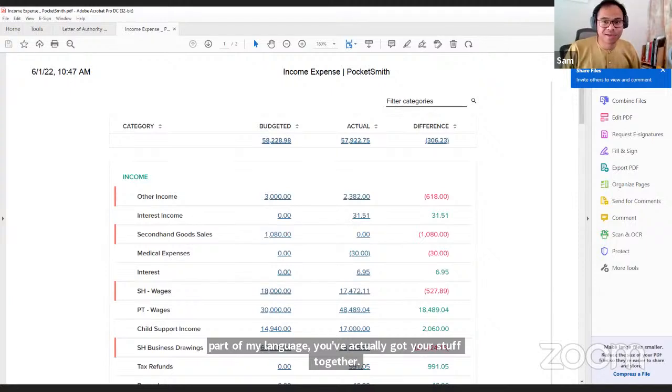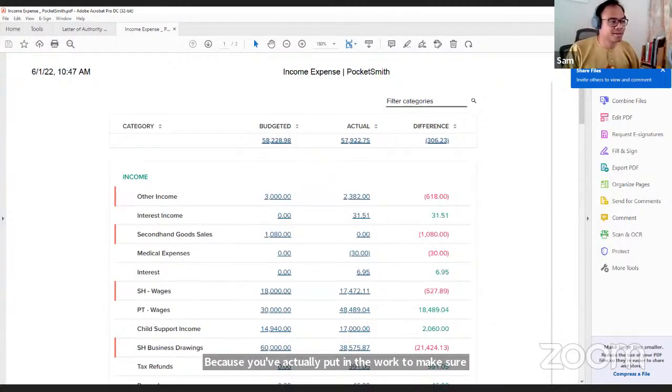Because you've actually put in the work to make sure that everything's categorized correctly. So really, really powerful tool right here. Now, if your mortgage broker's really onto it, you can even go to access control. You can even invite someone to your PocketSmith, right?